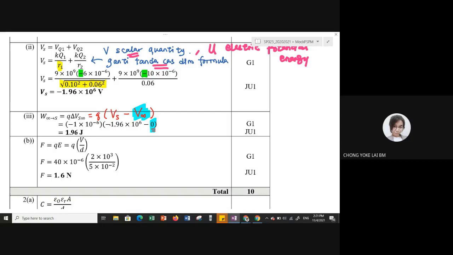Ada pertanyaan tentang soalan ni? Teacher, kalau buat yang formula V tadi tu salah, teacher?